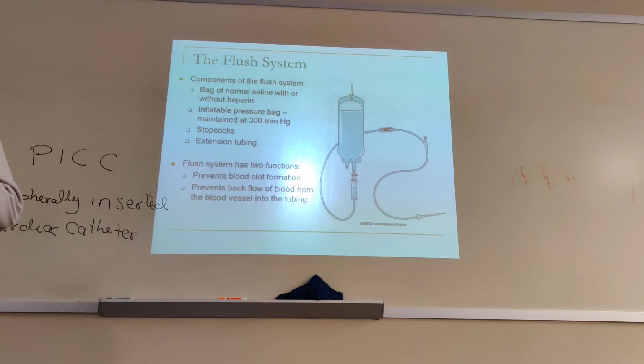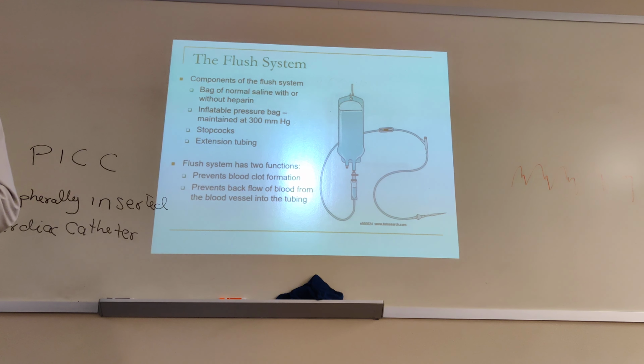Now, if you turn it this way, you are cutting it off to the patient, because the patient is over here. So if the normal saline comes down here, it cannot go past here because you have it cut off, and it has to exit here.